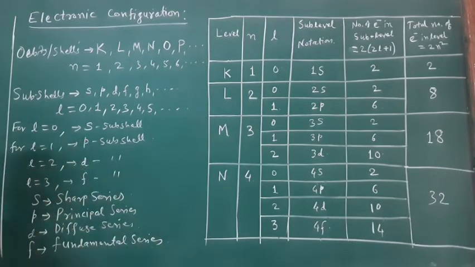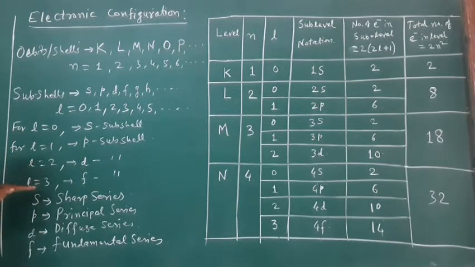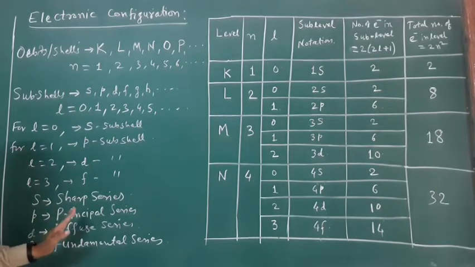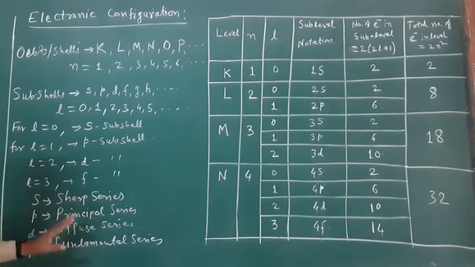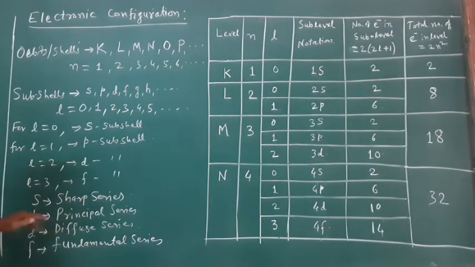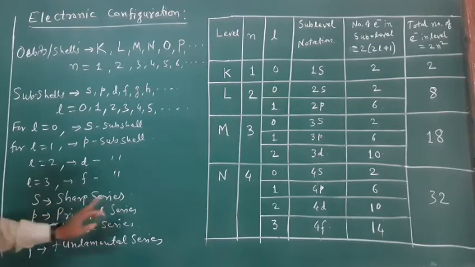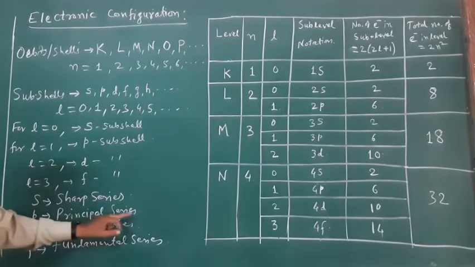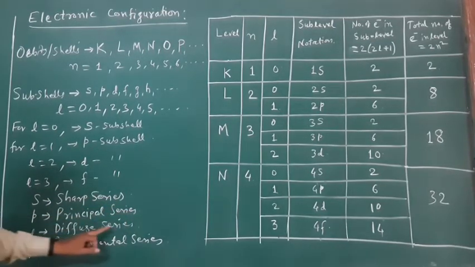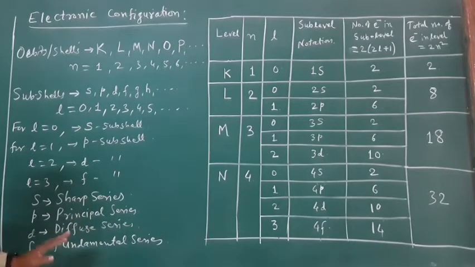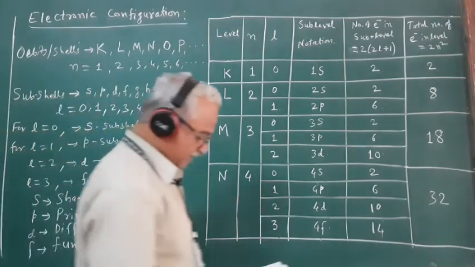So these different subshells use the letters s, p, d, f, and these have a certain historical reference: s stands for sharp series, p stands for principal series, d stands for diffuse series, and f stands for fundamental series.